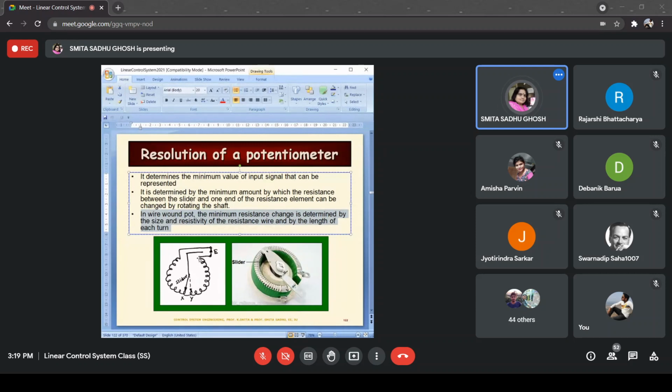So those are some of the factors which would be determining how small or how big your resolution is.